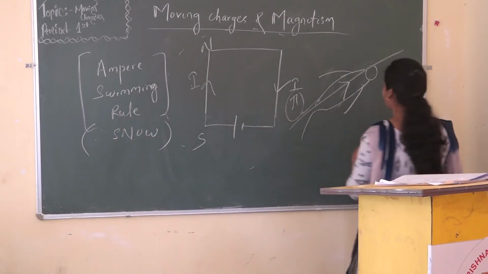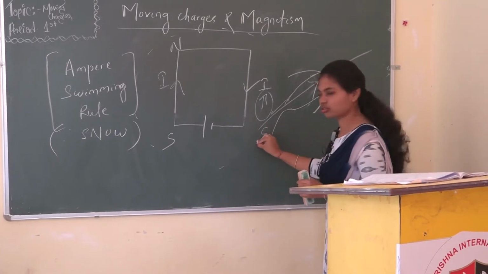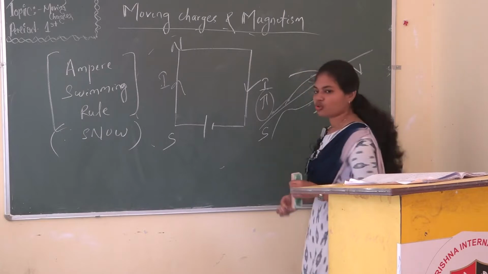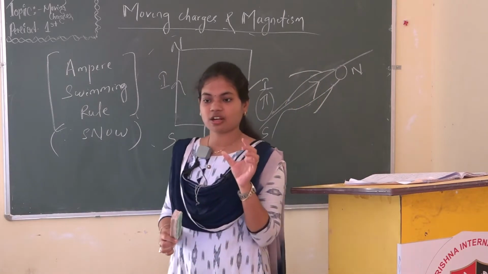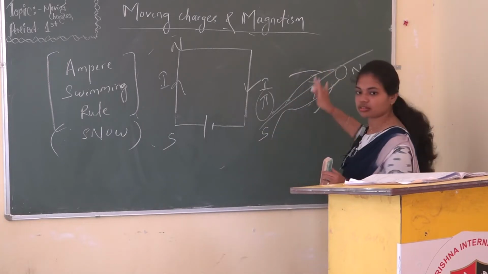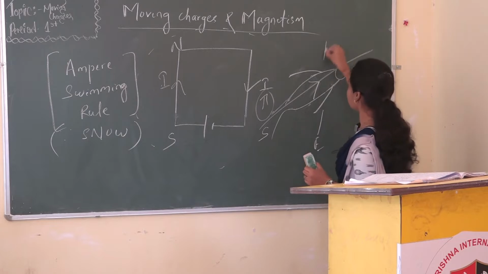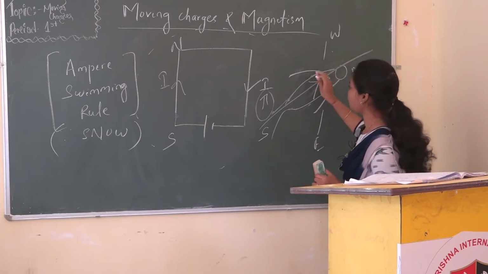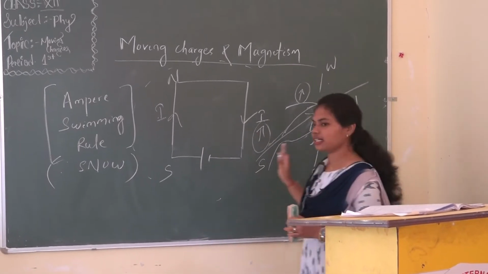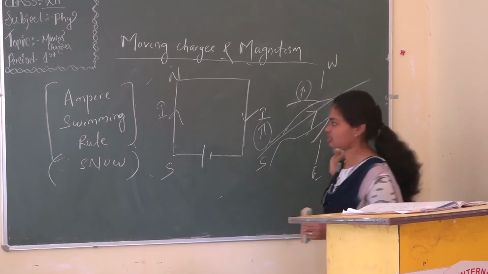Imagine the man is swimming from south to north. The left hand side of the man shows the direction of deflection of the magnet. Which direction is the left hand side? West direction. So when we place a magnetic needle, the needle deflects in west direction.